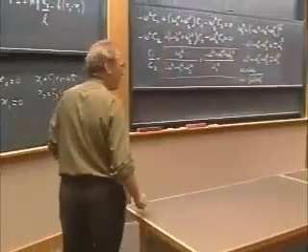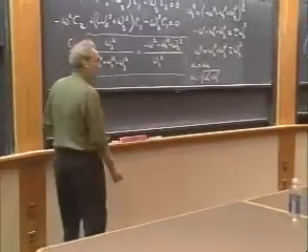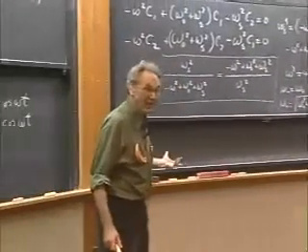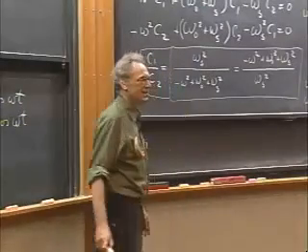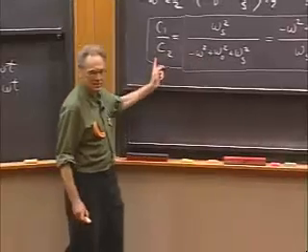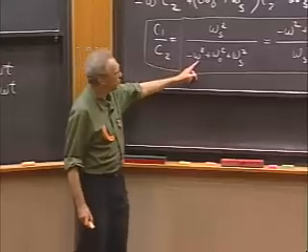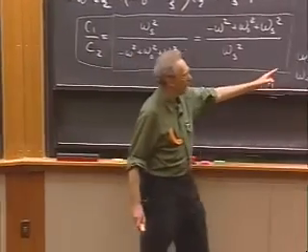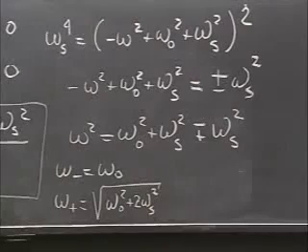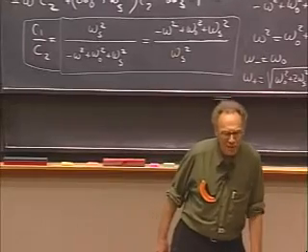I said we're going to eliminate C1 over C2. You think C1 over C2 likes to be eliminated? Let's call it back. And look at this equation. Substitute in here for omega squared. Substitute in omega minus. Then you get an answer for C1 over C2. What do you think that answer is?